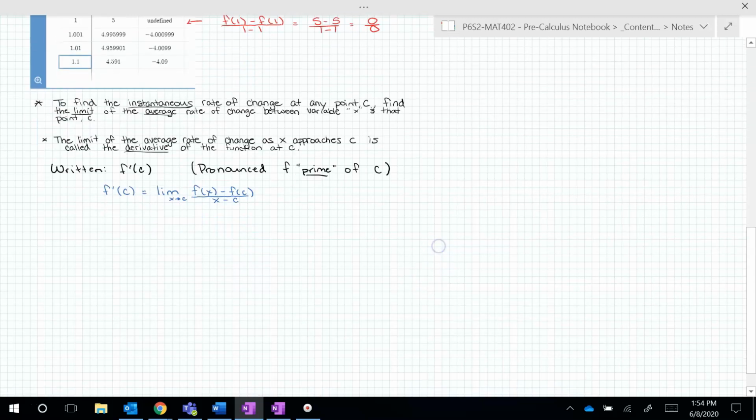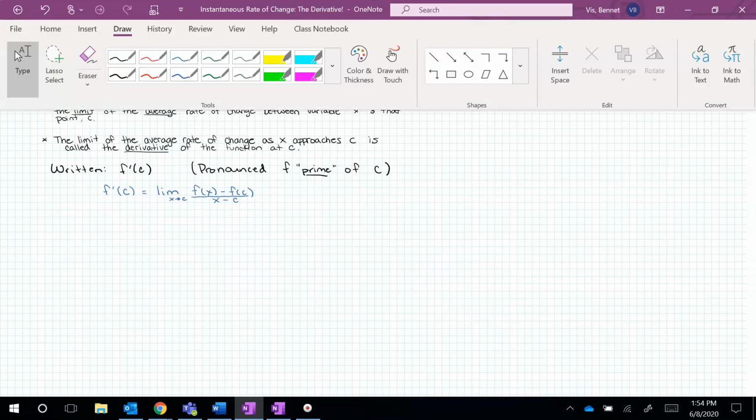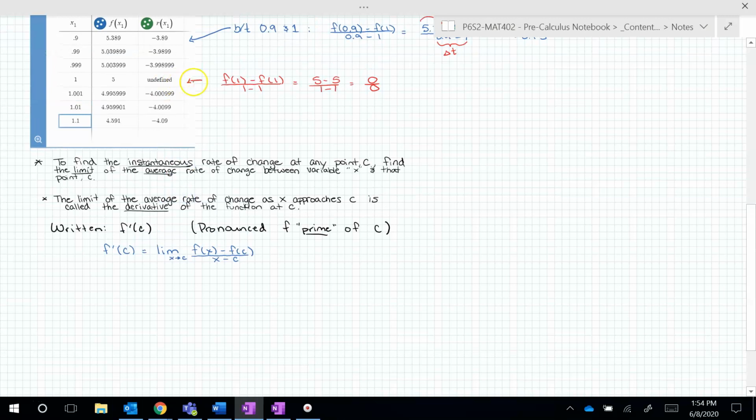So we can do this algebraically for that one. We see graphically, numerically, it should be getting closer and closer to -4. I can tell that here, but where does that come from?